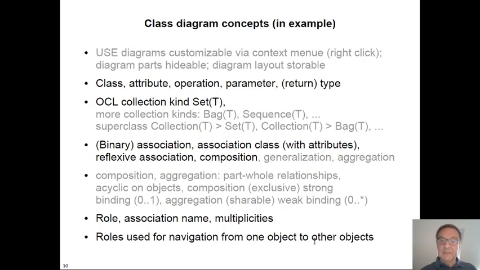So these are the concepts that we have not seen before and that I have not discussed before, namely the aggregation in addition to the composition, which we have seen before, and the generalization relationship, which did not appear in the social network example. One remark about the OCL collection kinds.